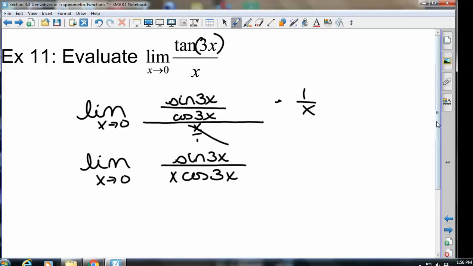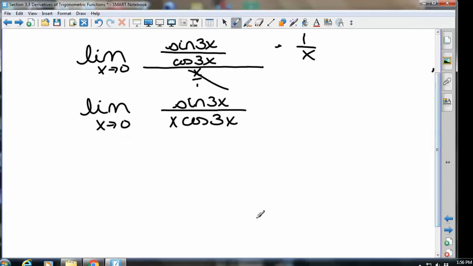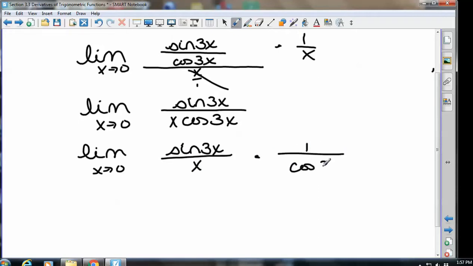Okay. So it's still 0 over 0 if I were just to plug in. But let's rewrite some of this. We want to get sine 3x over 3x. So I'm just going to pull this cosine apart. Would you guys agree if I went ahead and multiplied these two fractions, I get back to what I was starting with?